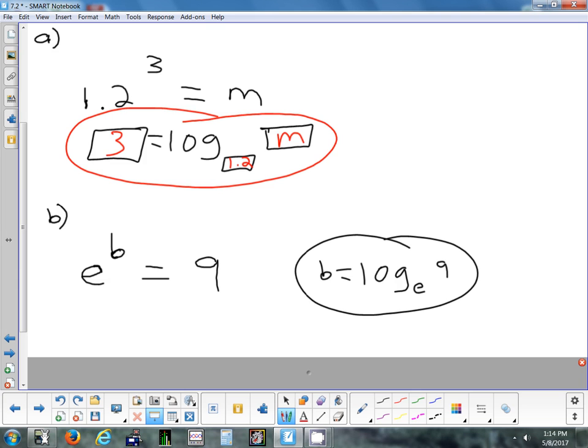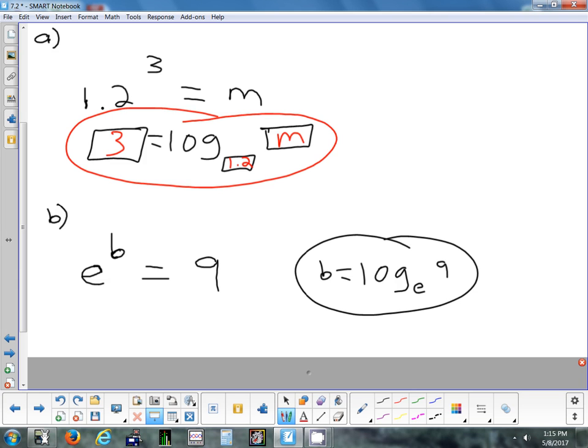I haven't shown you how you actually type any of this in, but this is one you could type in on the calculator, and you could actually get an answer. You might be looking at it and go, well, how can you do that if you have 2 letters and only 1 number? You can, because E is something special. E isn't just a letter. B is just a normal letter.